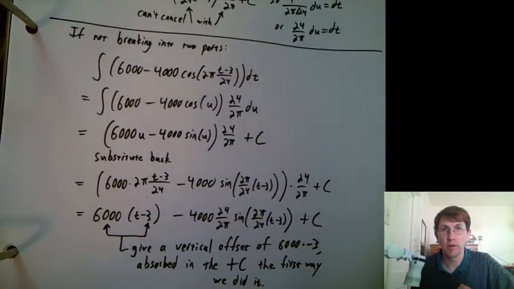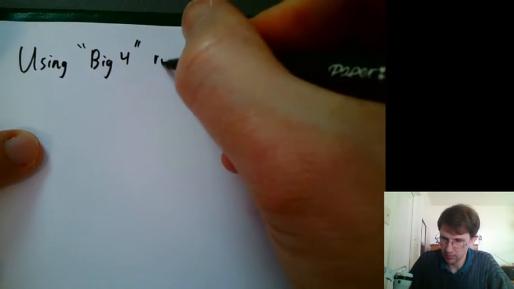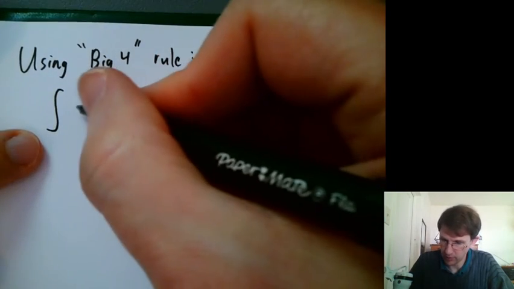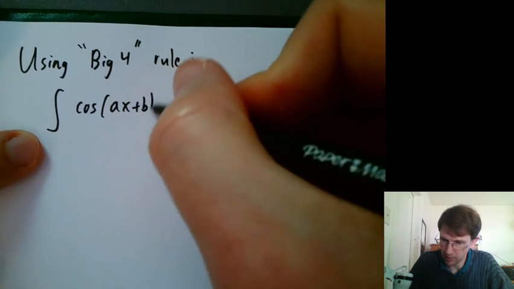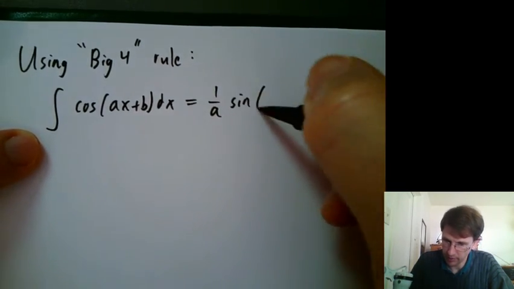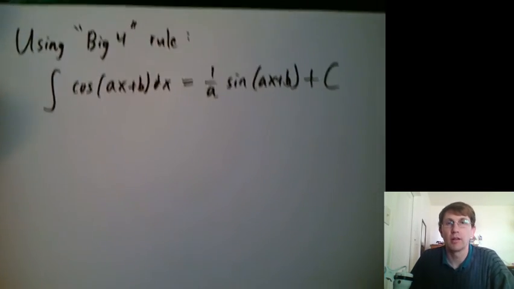All right, there's actually one more way to do it, and that's using what I call the big four rules. So remember, one of the big four rules was the integral of cosine of ax plus b dx is 1 over a sine of ax plus b plus c.